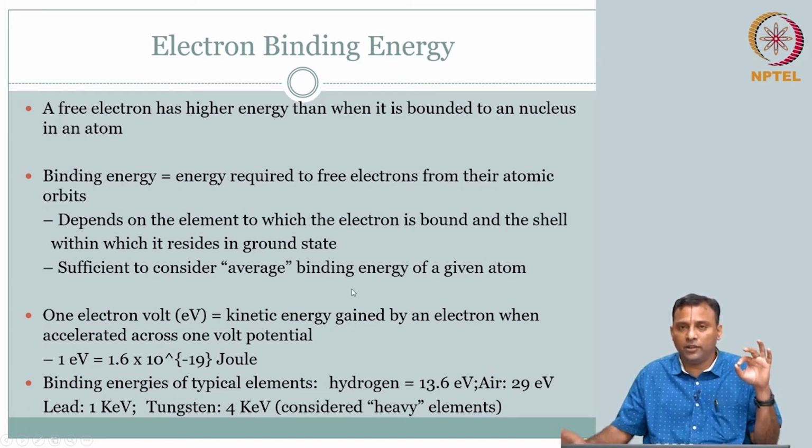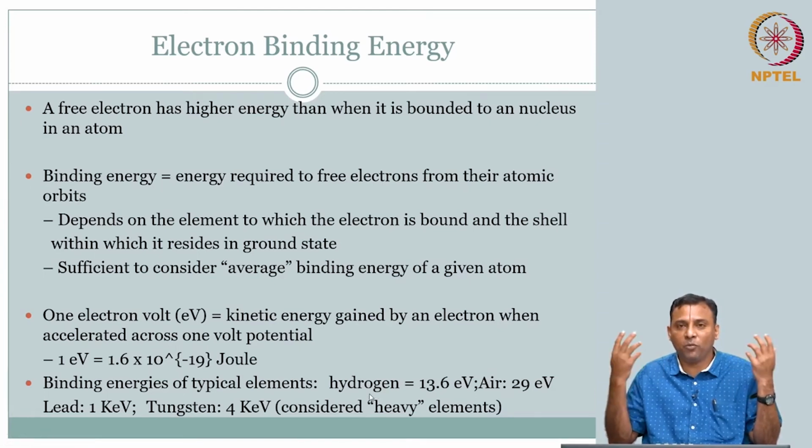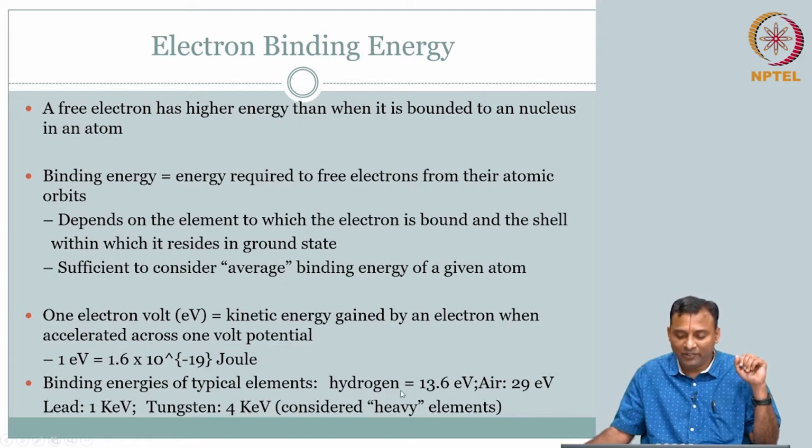Without much detail, just looking at the numbers, think of where a typical atom could be. Where do you see hydrogen? We are water bodies, H2O, so we have a lot of hydrogens. Look at the value: 13.6 electron volt is the binding energy required for hydrogen, whereas for lead or tungsten it is in the kilo electron volt range.